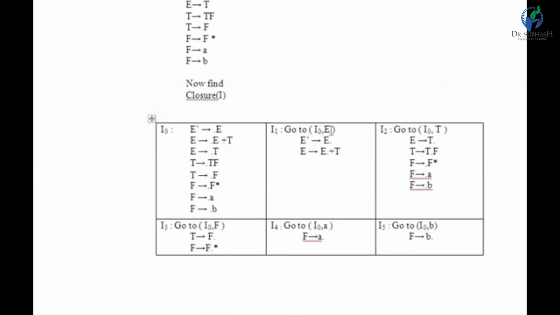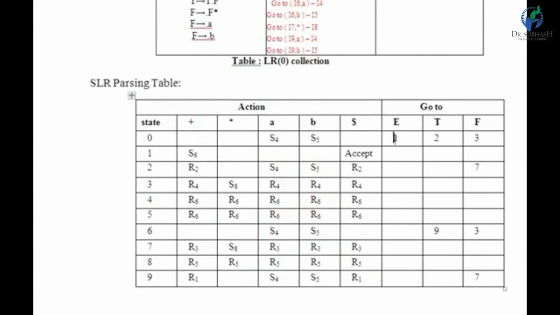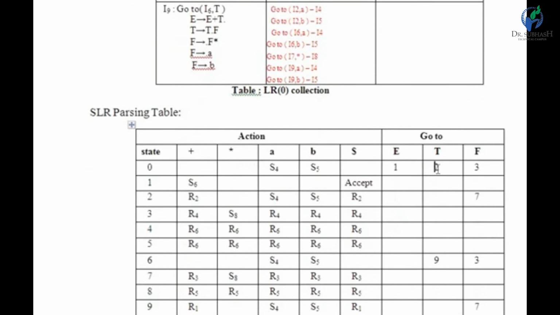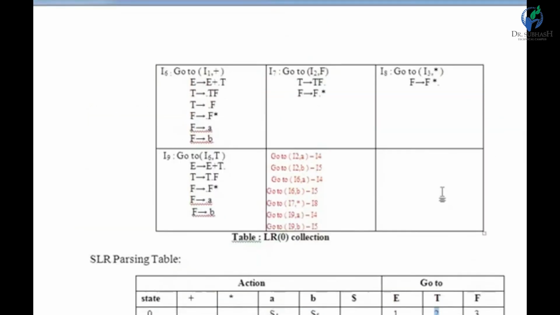I0 to E, you find I1, so just put this number into the go to state on the 0 state row. Next, I0 to T. So your 0th row and T column state is 2. So just put 2 in this column.